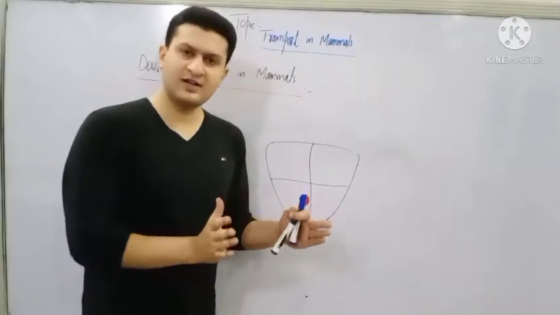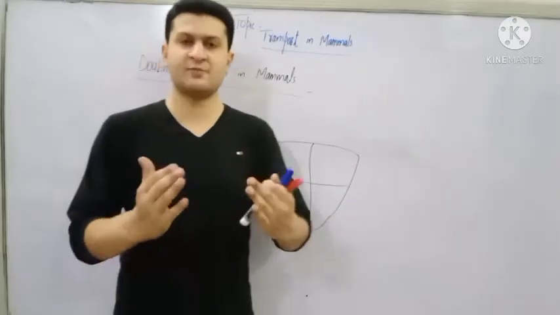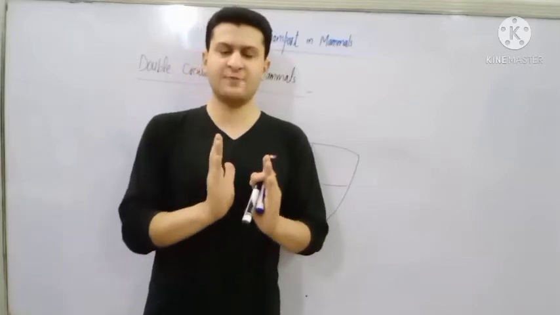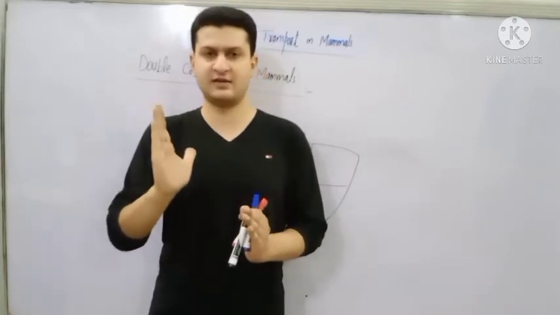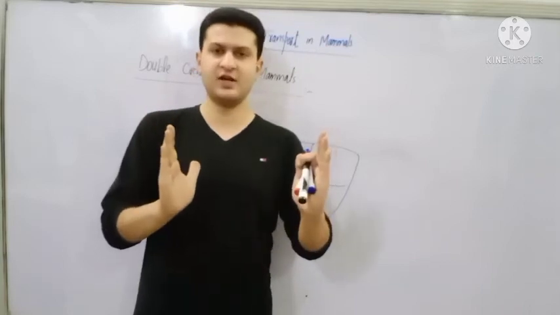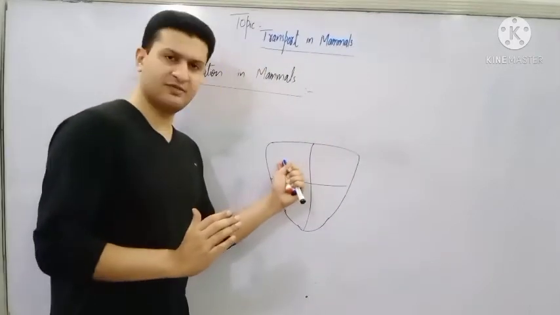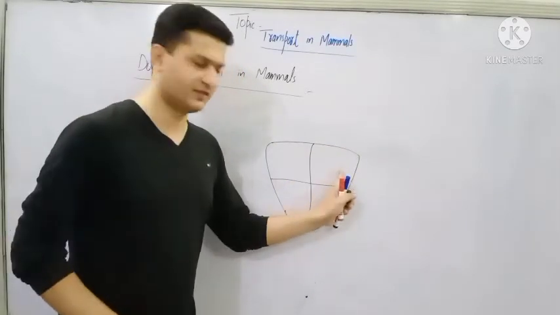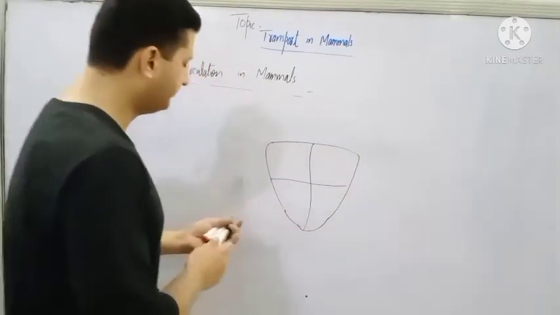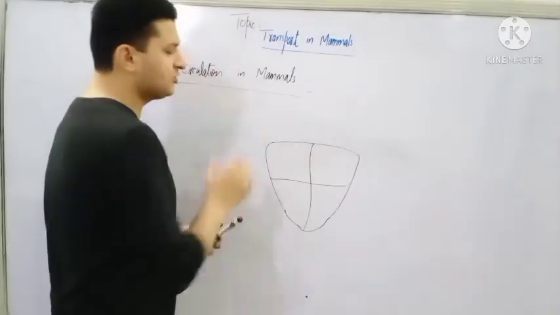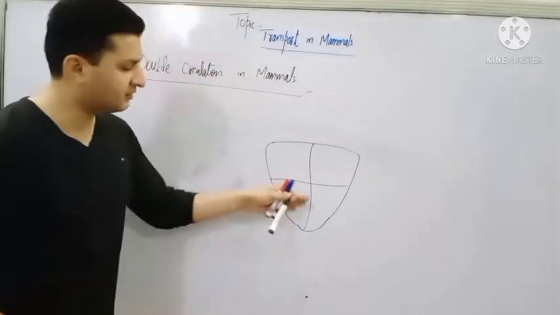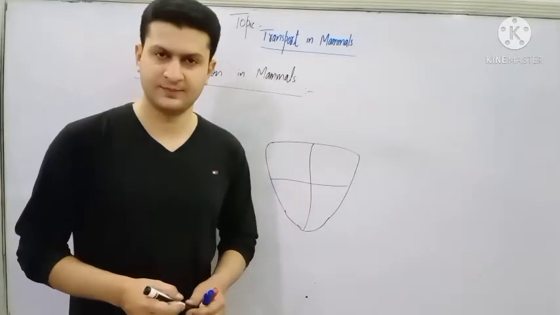Now you can understand the structure of the heart, that a person who is standing in front of you, that person's right side is here and left side is here. So it means right side of the heart is this and left side of the heart is this. Clear? Now we know that upper 2 chambers are known as atria and lower 2 chambers are known as ventricles.